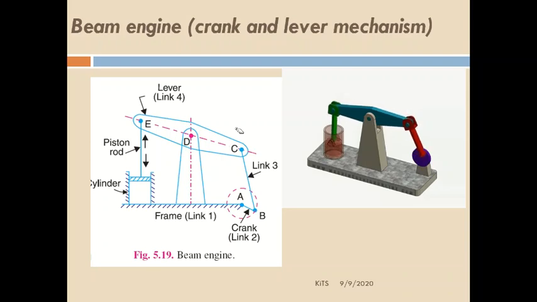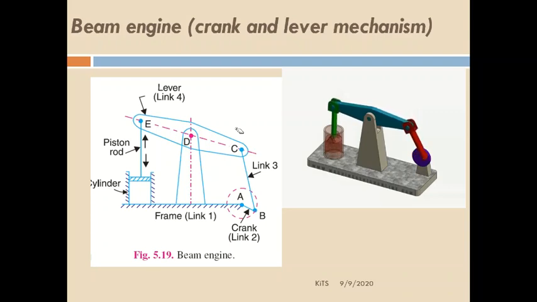From the animation itself, you can understand the working principle of the beam engine. When the crank rotates, the piston rod will push the piston in the downward direction inside the cylinder. When AB rotates, the piston rod will move up and down. When it moves down, the piston will be pushed inside the cylinder.